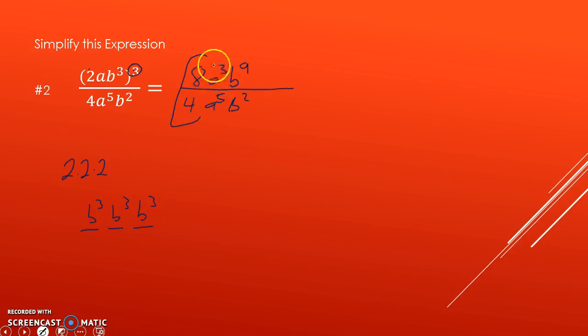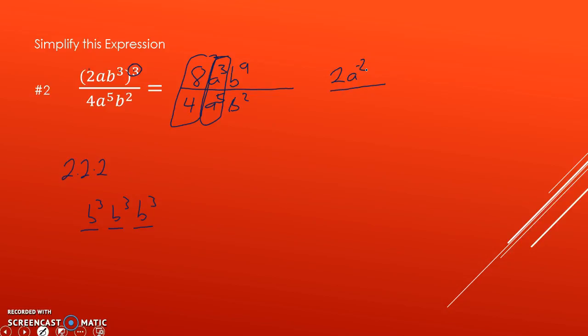So let's simplify our regular numbers first. If I have 8 over 4, that's the same thing as just 2 over 1. So that simplifies to 2 on top. Now I could put a 1 in the denominator, but I don't need to have that. If I have a to the 3rd over a to the 5th, I'm going to subtract those. A to the 3rd over a to the 5th is a to the negative 2nd power, because 3 minus 5 is negative 2.